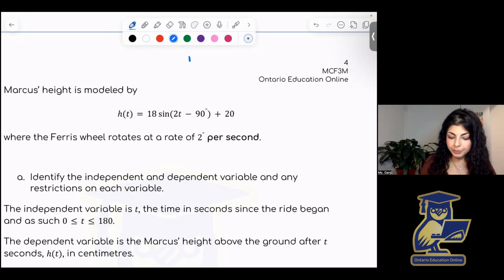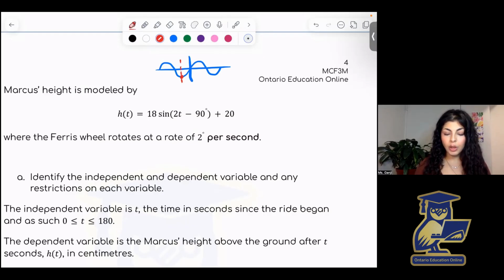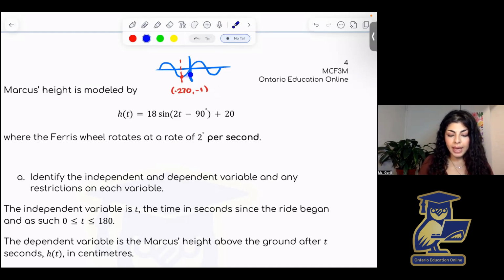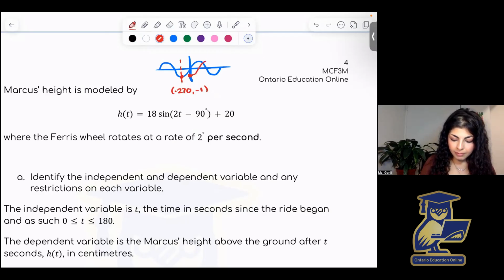And so knowing that my sine function is as such, remember that this point here, which is the lowest point, is negative 270 and -1. So if I shift everything by 90 degrees to the right, that means that my resulting graph will be, or maybe let me draw it with the red, will be here, and then I will have something like that.